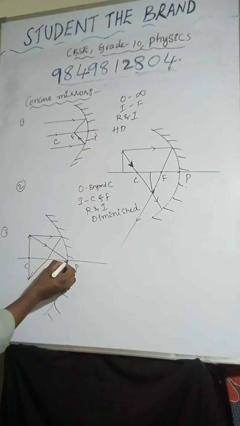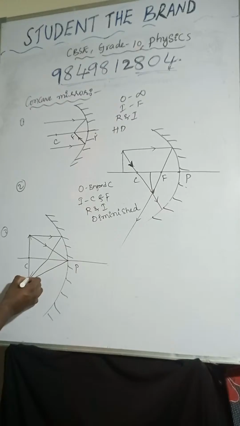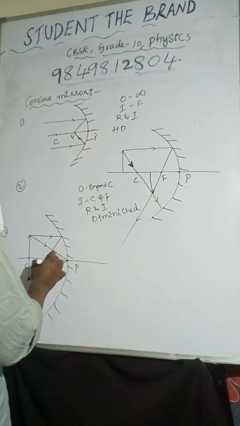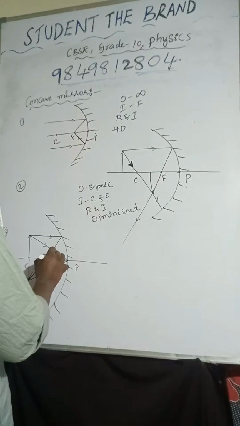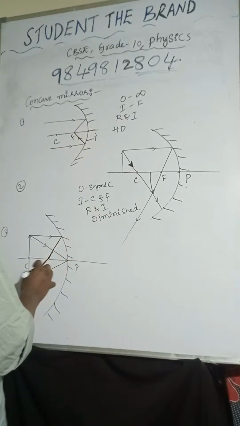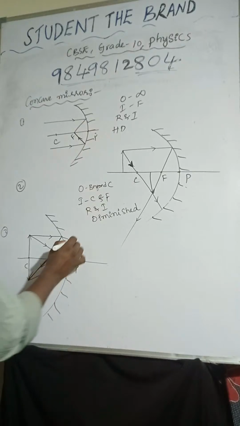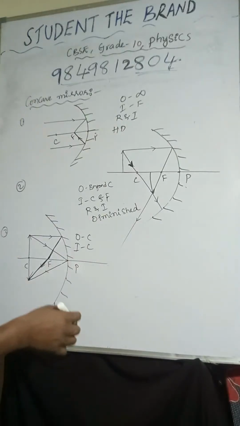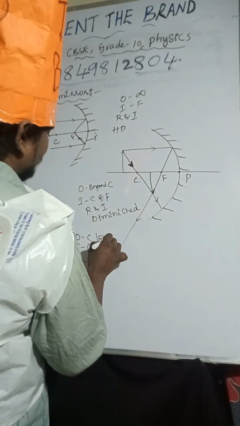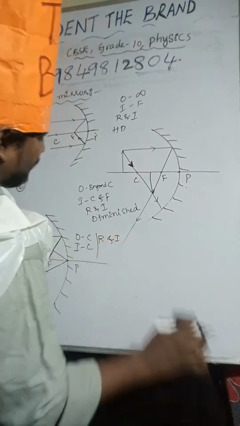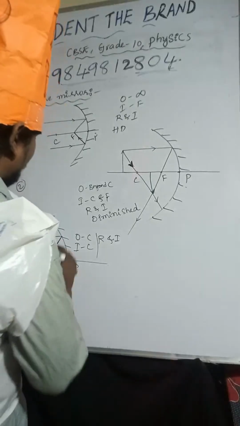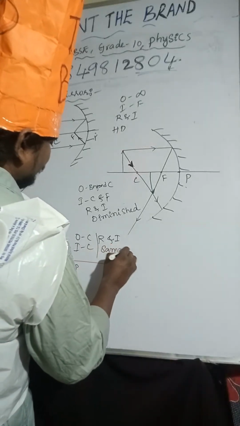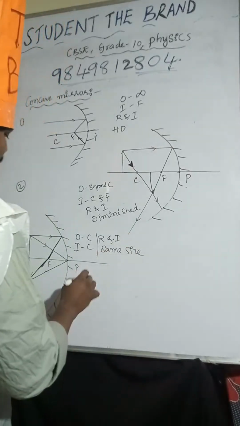Another light ray will be meeting at focus. So object at C, image also will form at C. Nature of the image is real and inverted, and size of the image is same size. Coming to the fourth one.